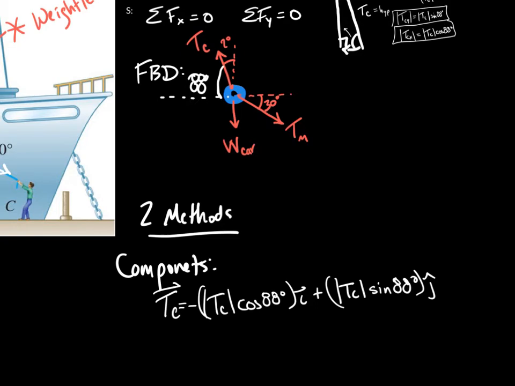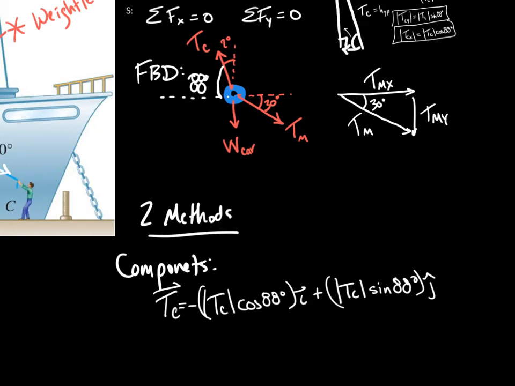I'll show you in a second why it makes things easy to have all your angles with respect to the x-axis. Then TM, over here, looks like this. This is TMX, this is TMY, and this is TM, and this is the angle we're working with, 30 degrees.